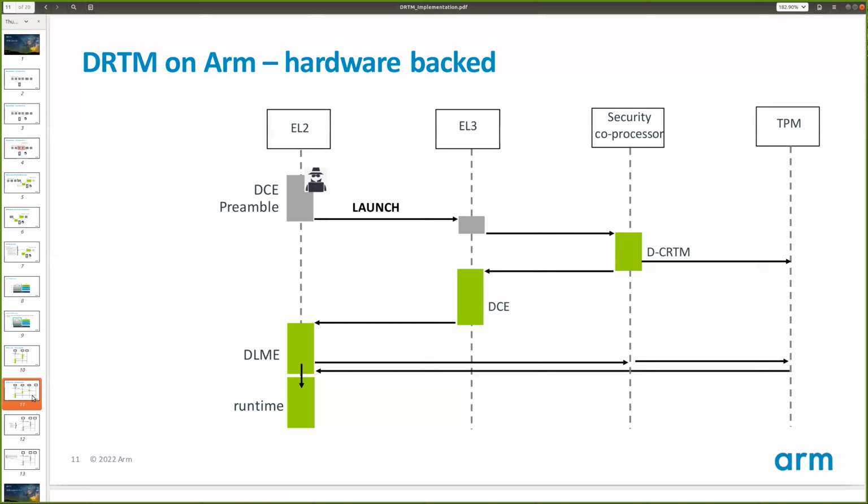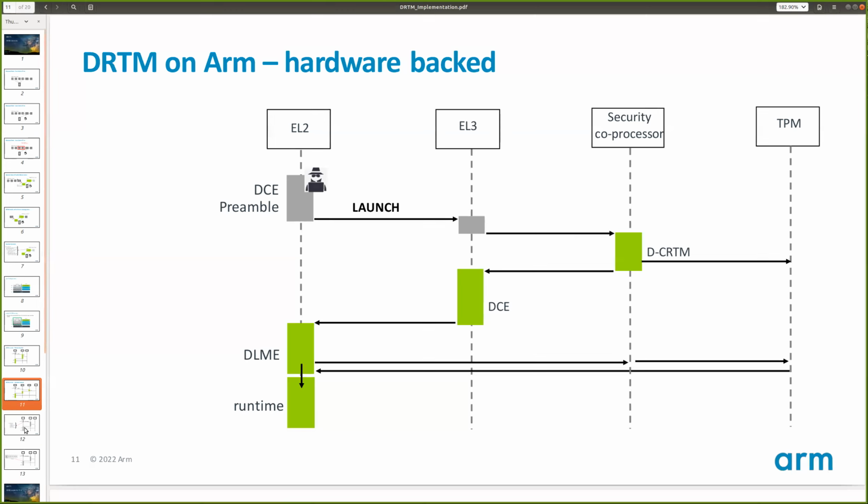The architecture looks the same in both firmware-backed and hardware-backed, in that the client code running at EL2 does the same thing, but in this case, the launch SMC call results in the security coprocessor being notified to do a dynamic launch, and then there's potentially another firmware component we call the DCE involved here that would then transfer control over to the target payload, the DLME.